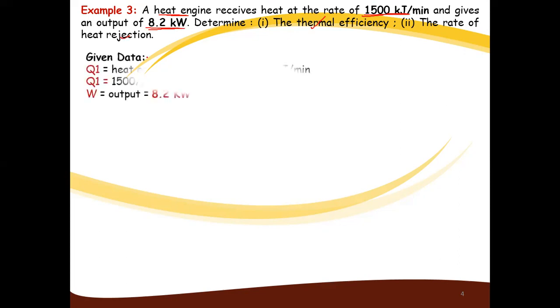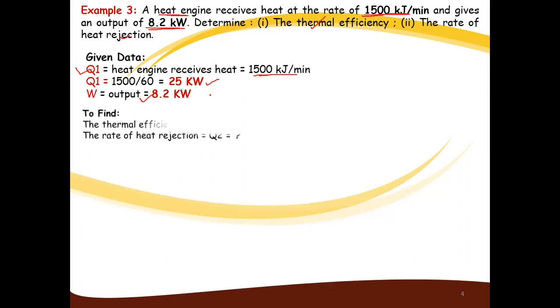So the given data is Q1, the heat supplied, or we can say the heat supplied by the heat source to the engine. It is 1500 kilojoule per minute. Now we have to convert to kilojoule per second, that is nothing but kilowatt. So 1500 divided by 60, that is 25 kilowatt. And the output is given, that is work output 8.2 kilowatt.